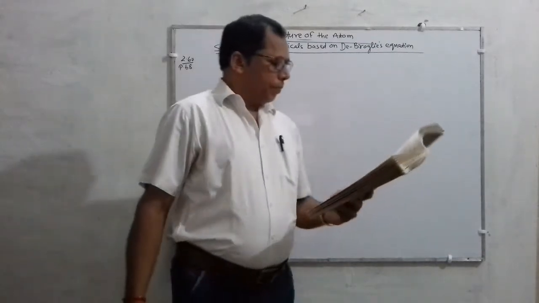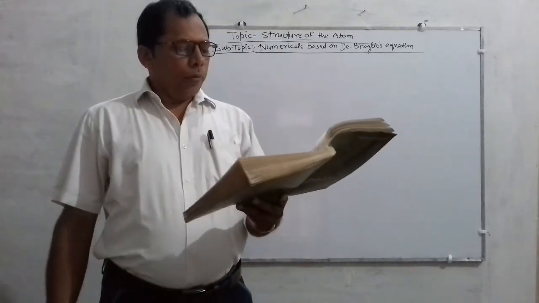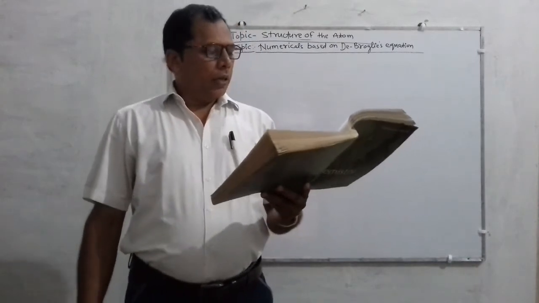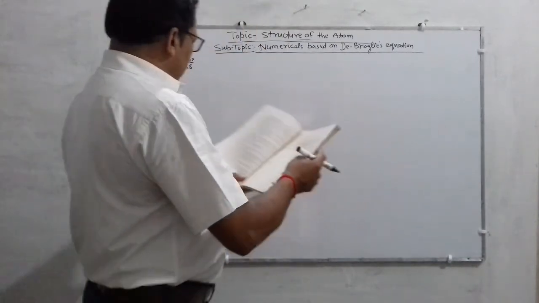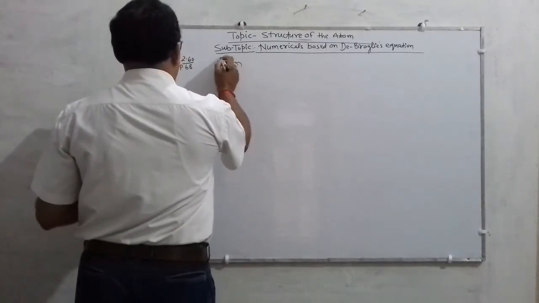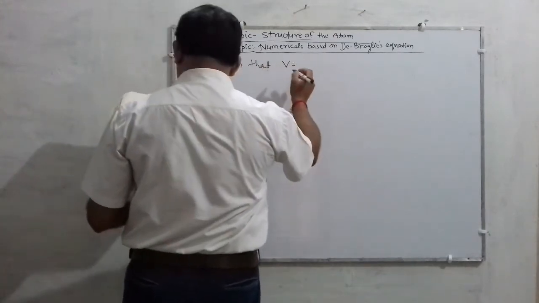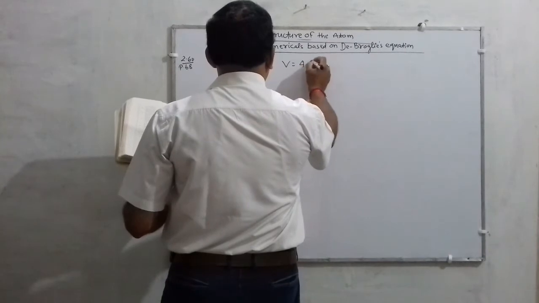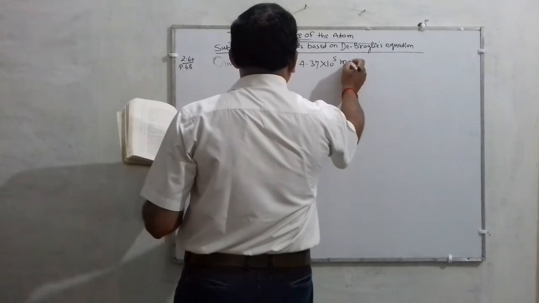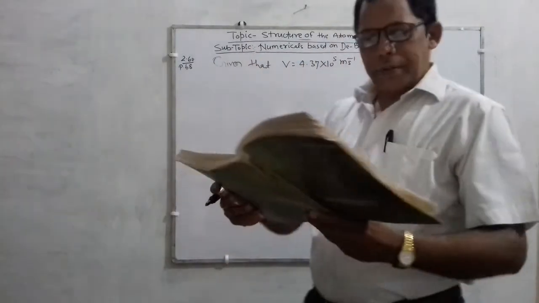The question is, the velocity associated with a proton moving in a potential difference of 1000 volt is given, that V is 4.37 into 10 to the power 5 meter per second.